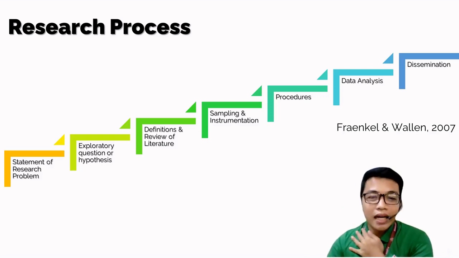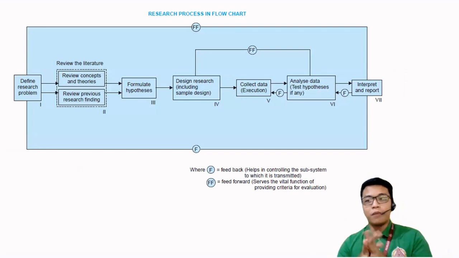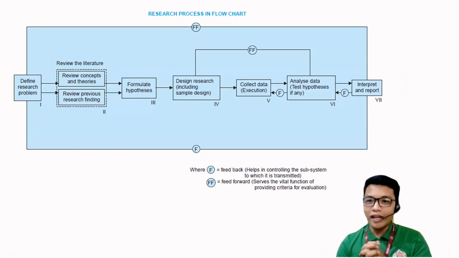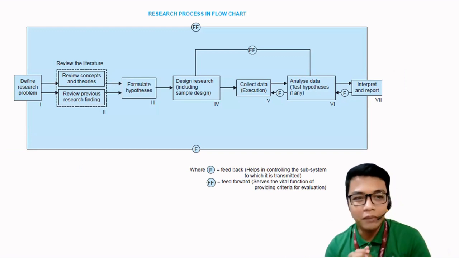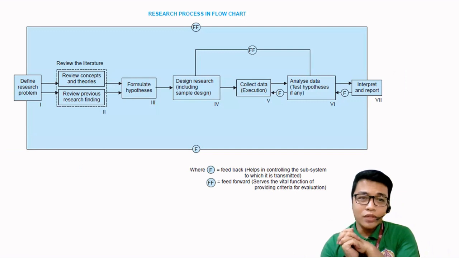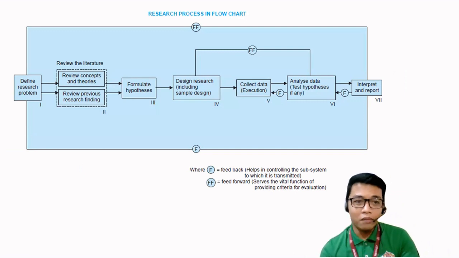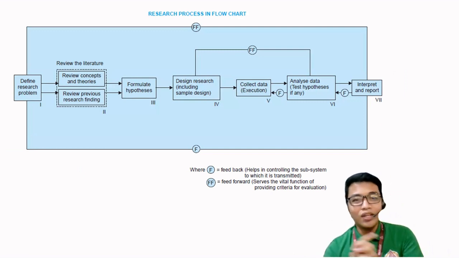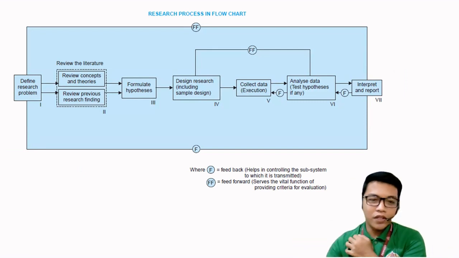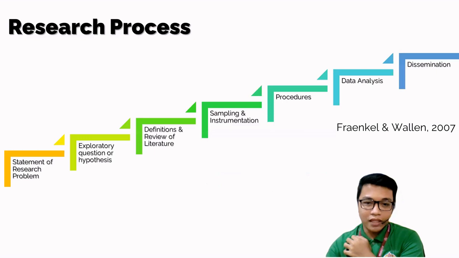All right. So let's talk about a different model, from Kothari, which is a little bit more extensive and complicated to look at. But what I like about this is that you define your research problem and then you review your literature. Now, what is the difference between this and that of Frankel and Wallen?